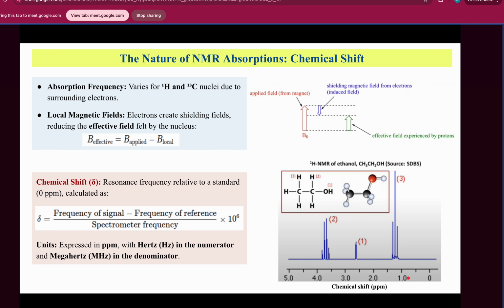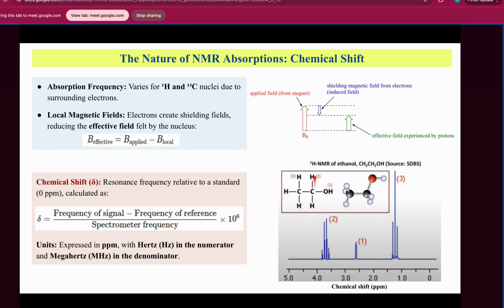Now they have also shown the chemical shift values. In this case, where the CH3 is present, the chemical shift value is less, nearly about 1 ppm. As we move towards the CH2 group, because it is present close to the OH group, where the hydrogen is present next to O, the chemical shift value has increased to about 2.5 ppm.